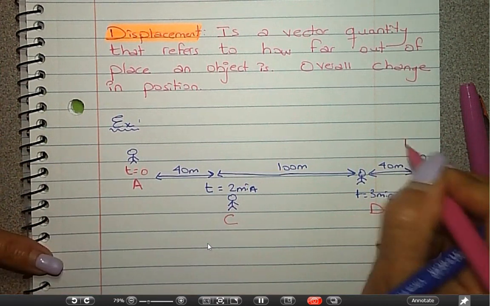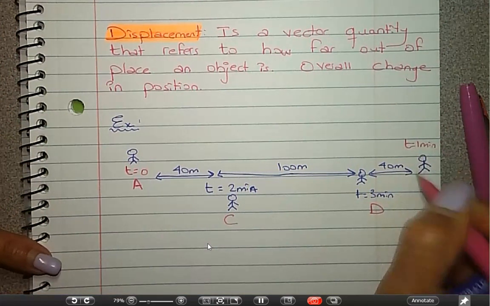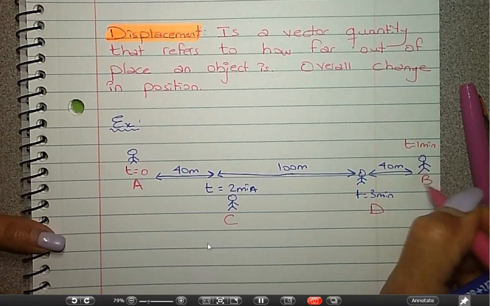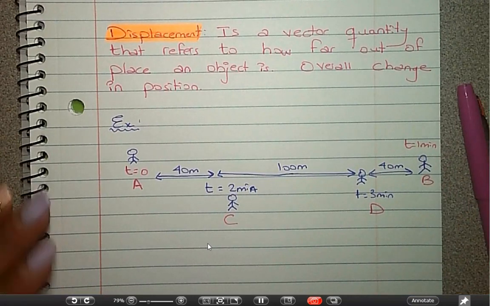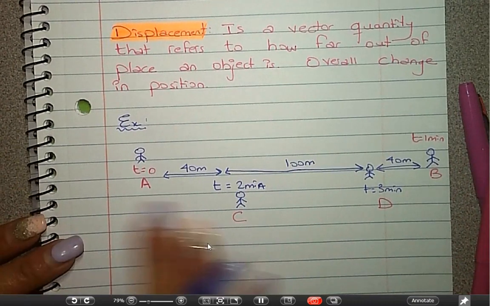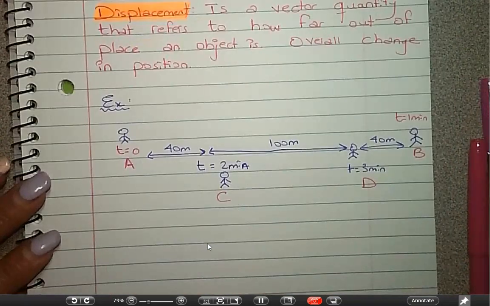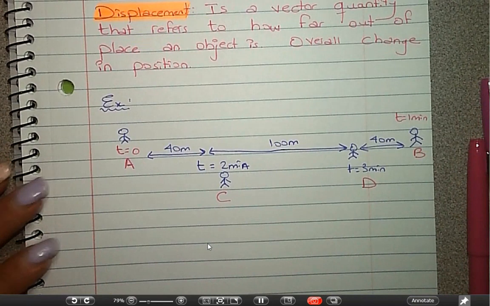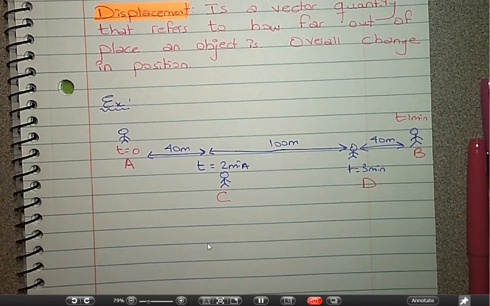So that was time equal 1 minute, and that was position B. I know I did not do them in order for you, but just so that you can copy this diagram.